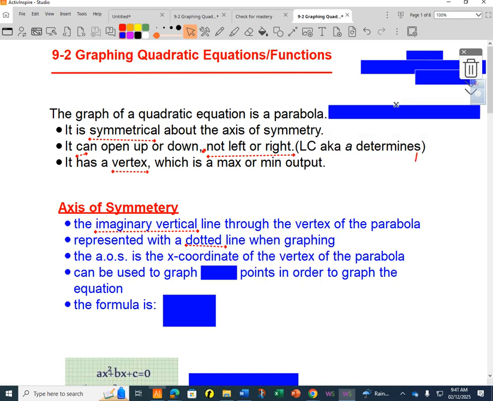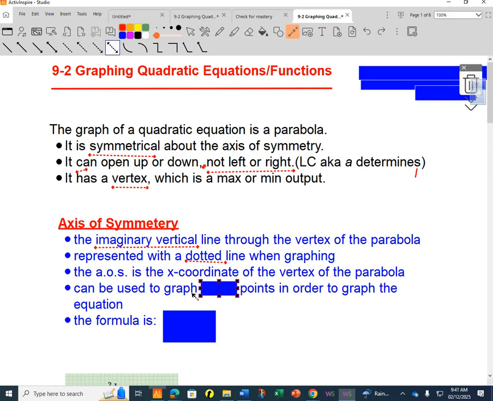The axis of symmetry is the x-coordinate of the vertex. This is important. We're going to repeat this a couple of times throughout the day. The axis of symmetry is the x-coordinate in the ordered pair. Remember, the vertex is just a point on the parabola where it turns.